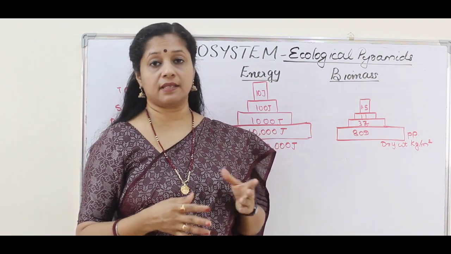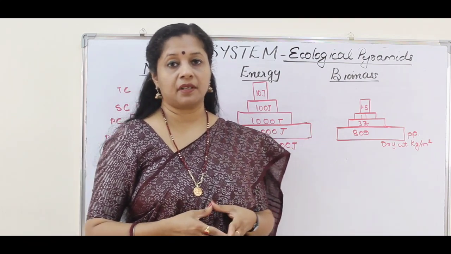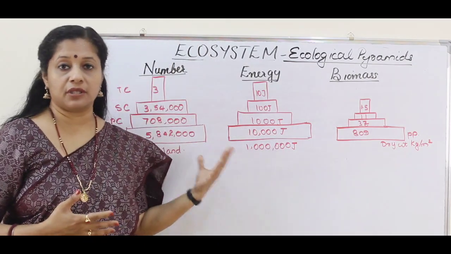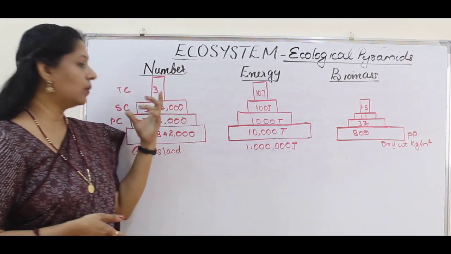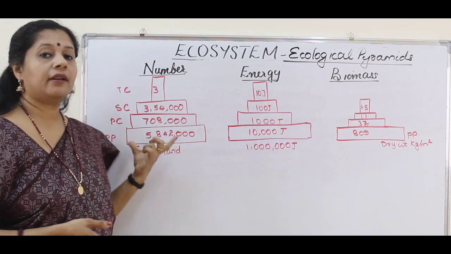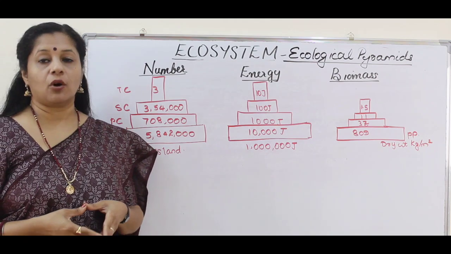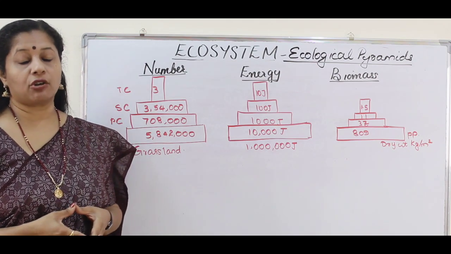So this is again a very sharp decline. Now we are going to see whether any exceptions can be there for this generalization. Suppose if you look at the number here in a grassland, of course the grasses are more in number than any of the consumers or the other heterotrophs.